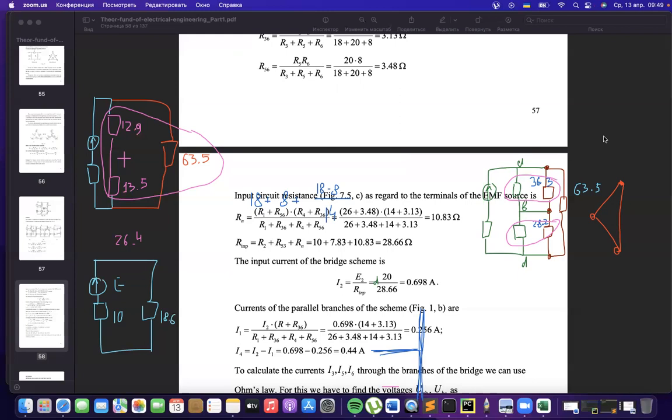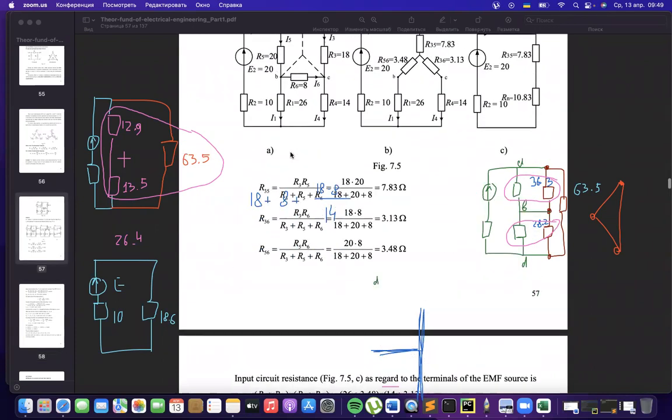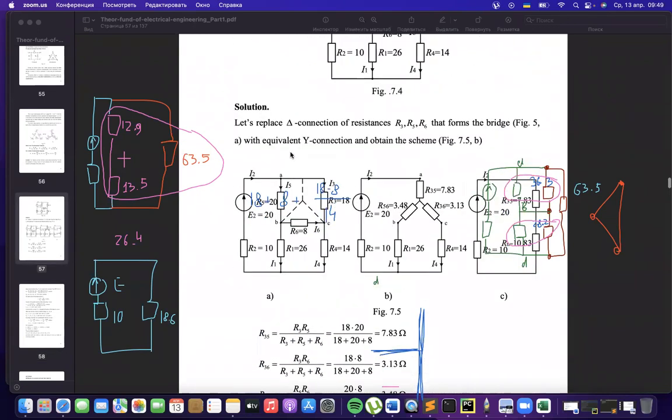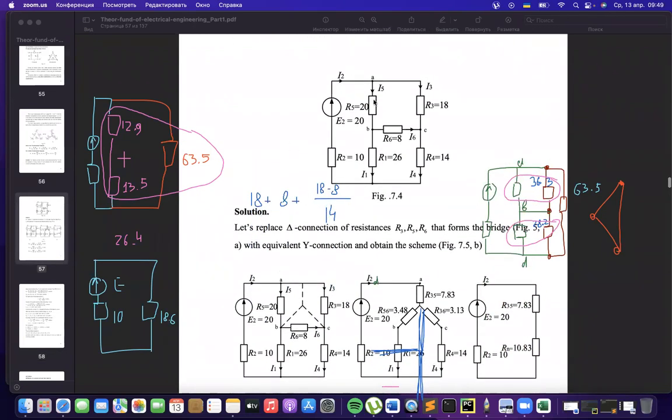The main difference is which is simpler for you. Please, if you have any questions about the reverse transformation, star to delta, please welcome. The reverse transformation to the delta, to the triangle. Is everything okay?